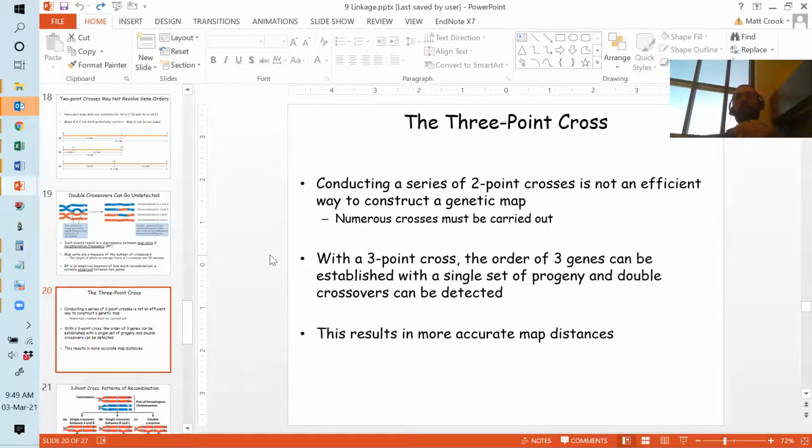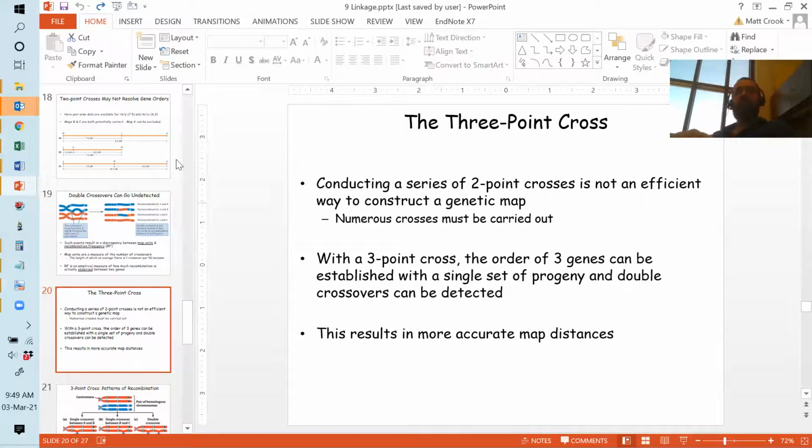where we do a cross looking at 3 different genes at the same time. So instead of doing white versus diminutive males and white versus miniature wings, now we're going to do a cross with white, diminutive males, and miniature wings as things that we can track.